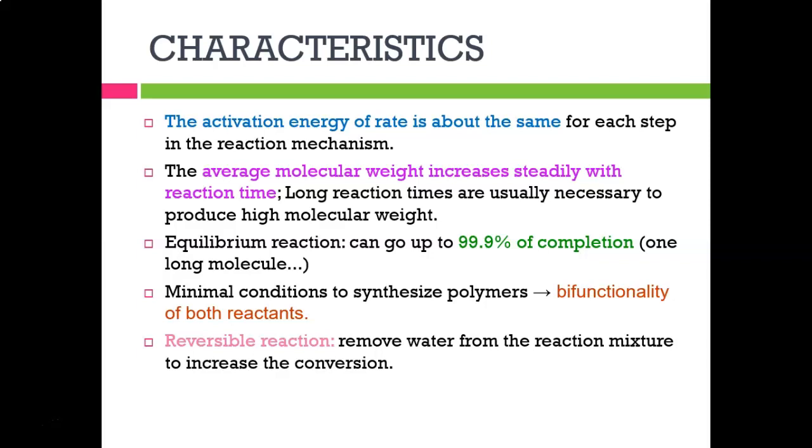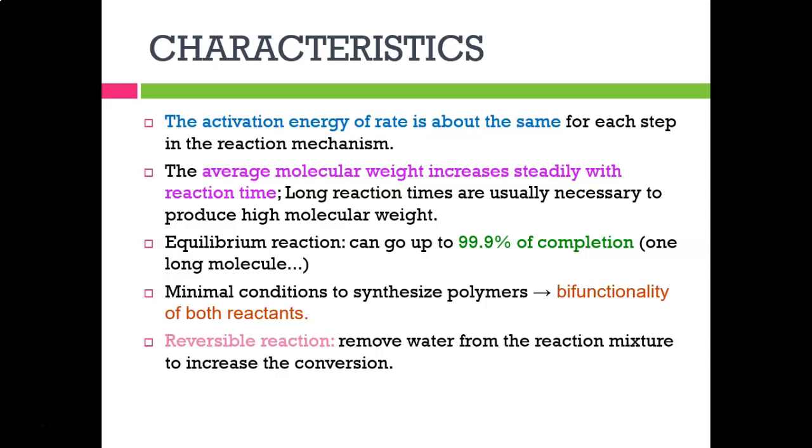It is a reversible reaction, which means that the reaction can be reversed. It can react with the water, so we need to remove the water from the reaction mixture to increase the conversion. As I showed in the previous slide, the preparation of nylon produces water.